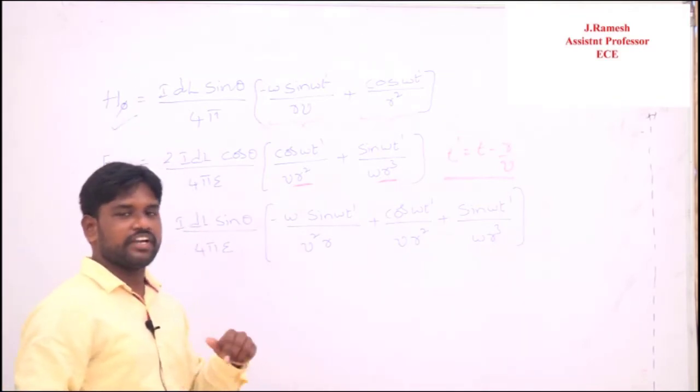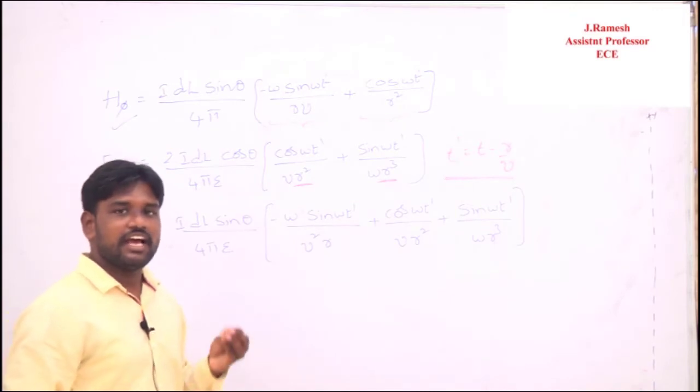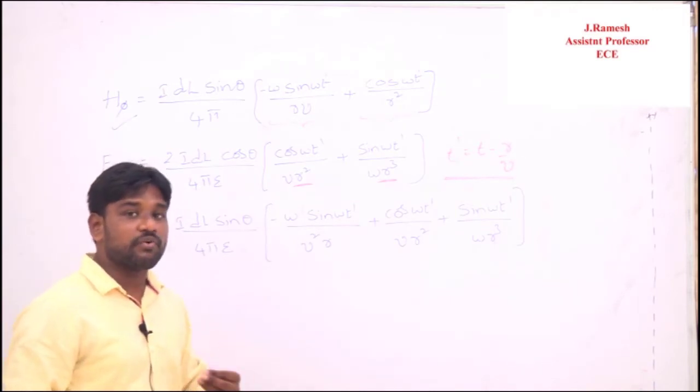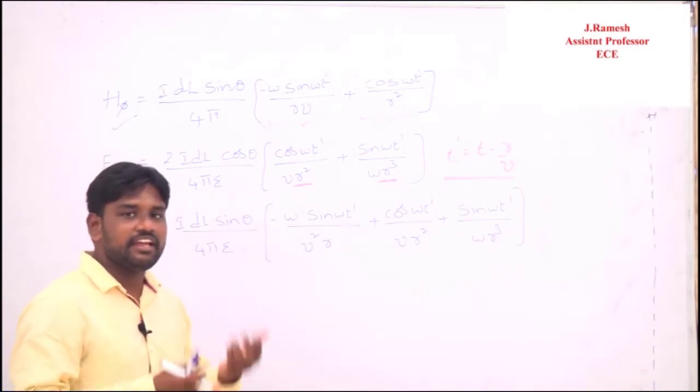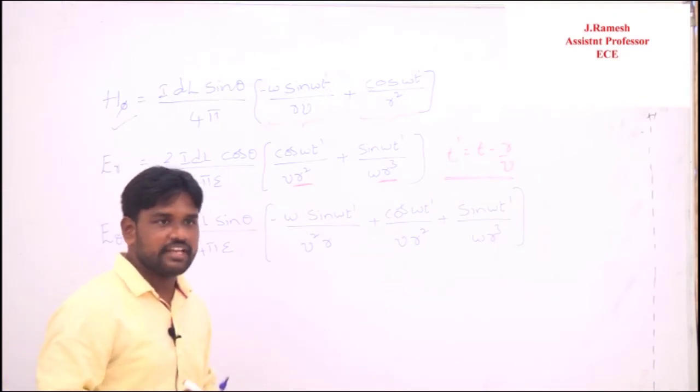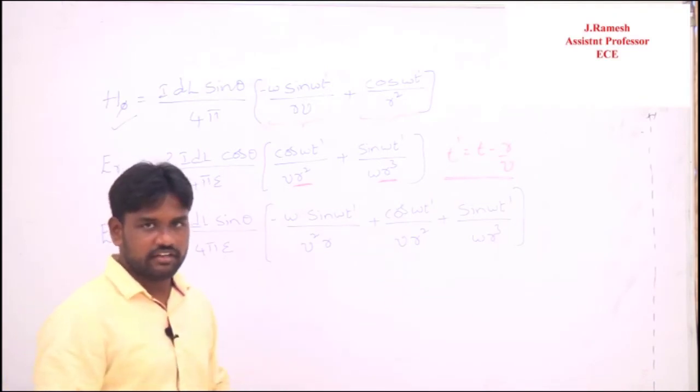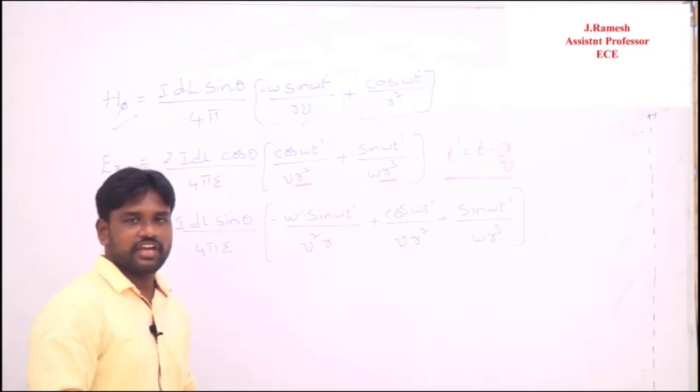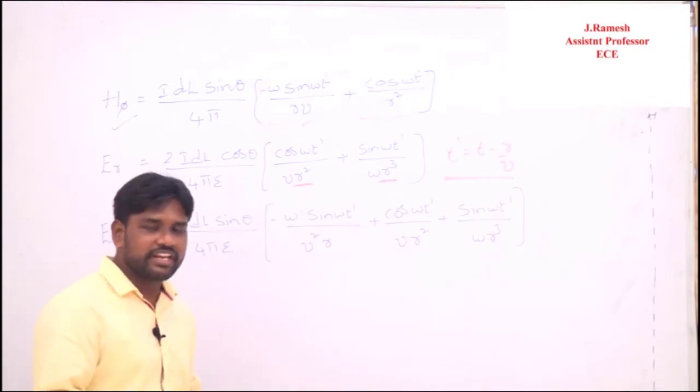So now my final destination is, I have to calculate how much power is radiated by any alternating current element at a distance of r. In that process, I have to calculate what the power radiated is.